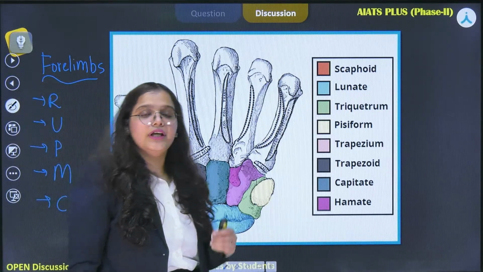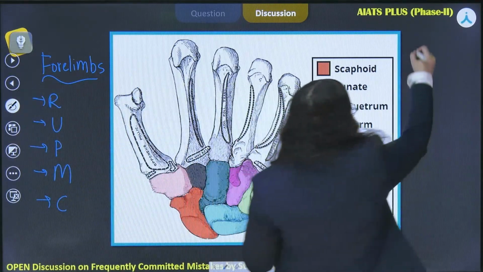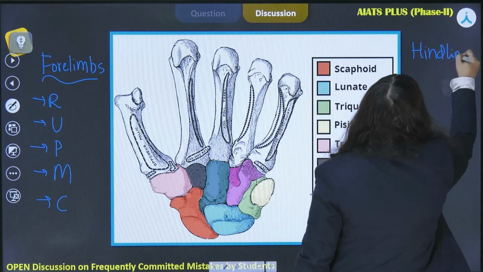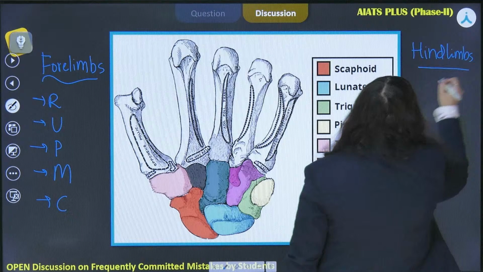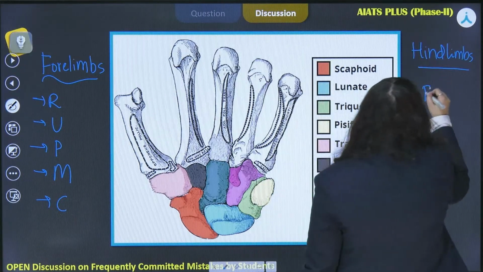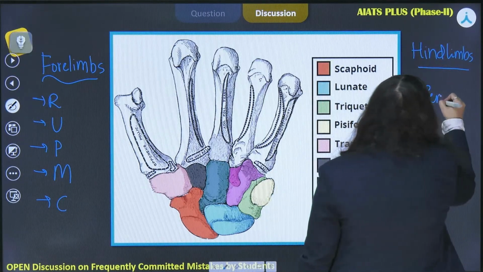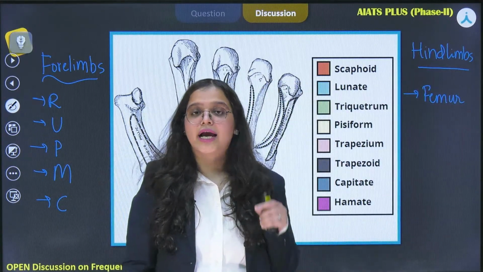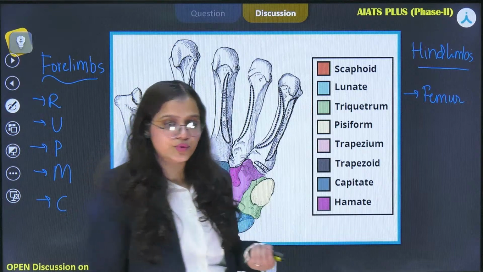Whereas when we talk about our hind limbs, we have the femur, which is also known as the longest bone in the human body and also as the thigh bone.